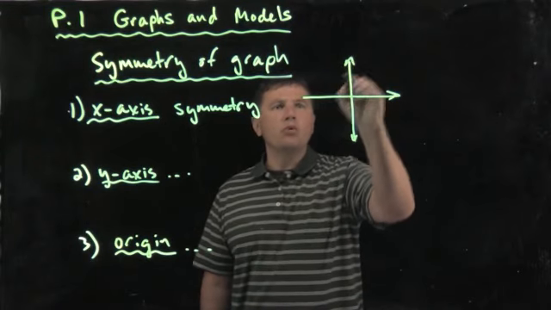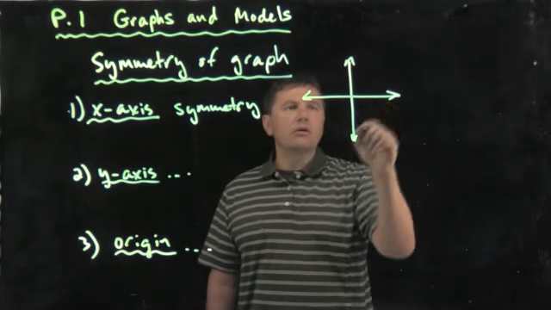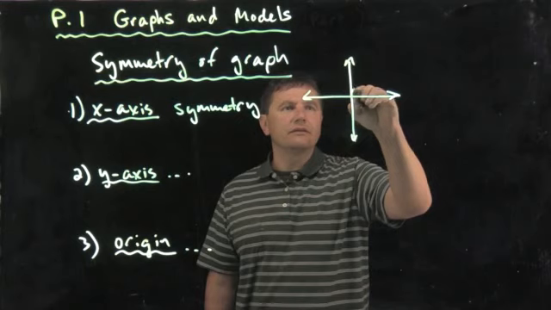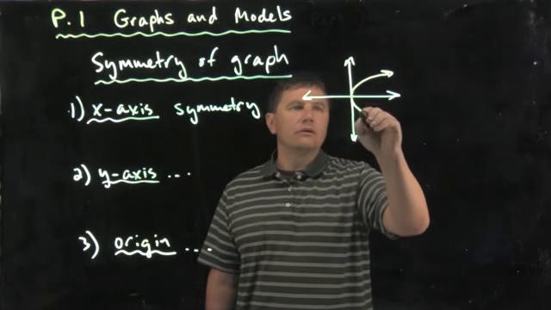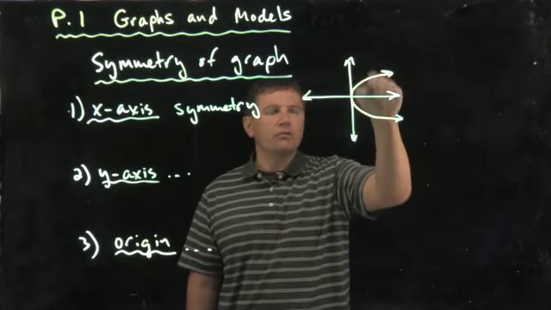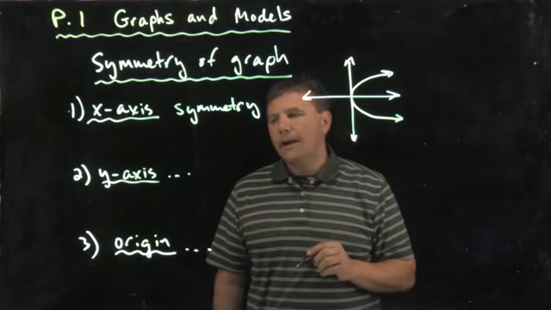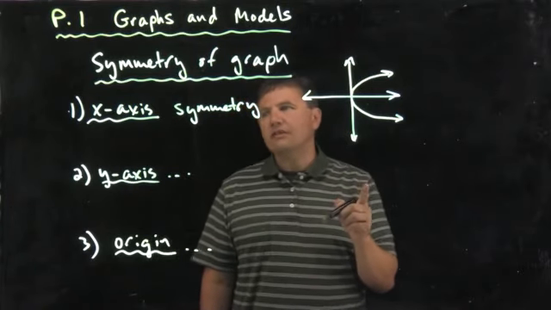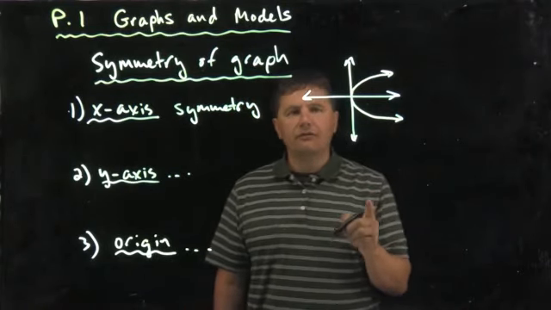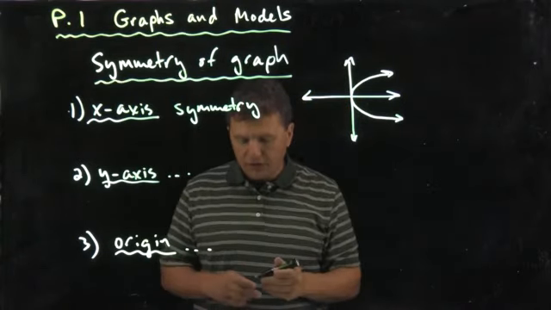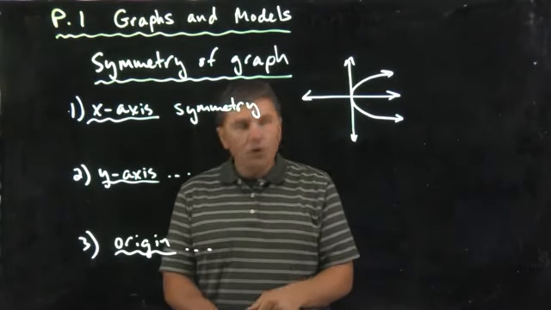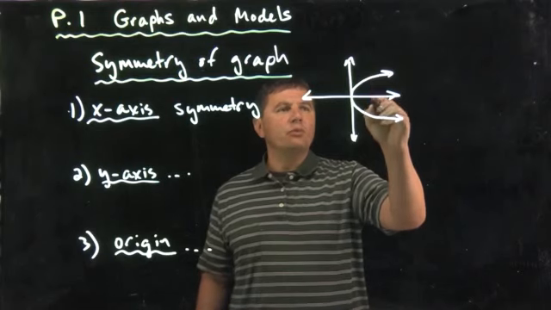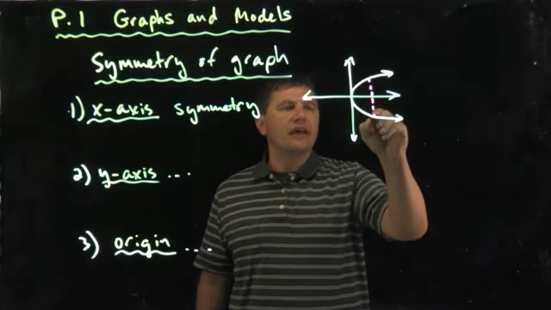Basically, that means if you put a mirror on the x-axis, it looks the same. It reflects over the x-axis. Obviously, this is not a function, because it's failing the vertical line test. So what happens when we have x-axis symmetry?